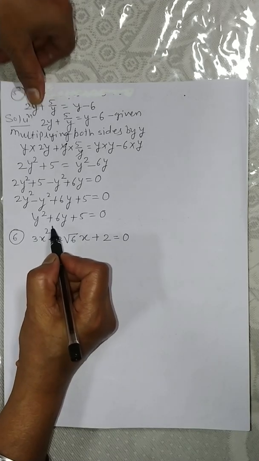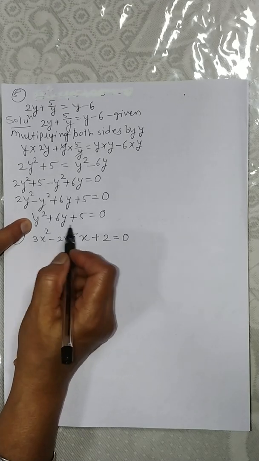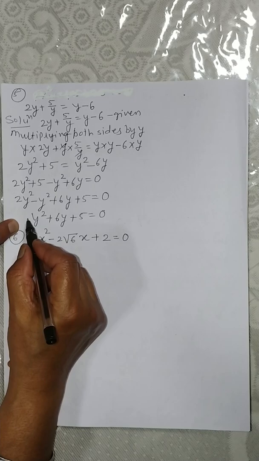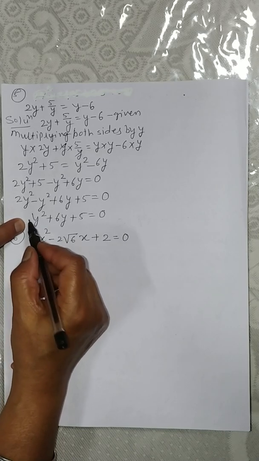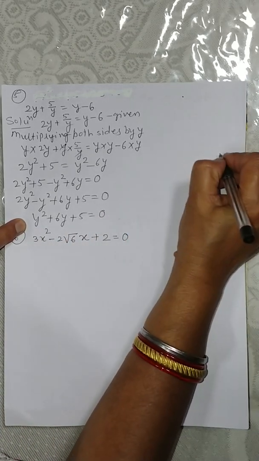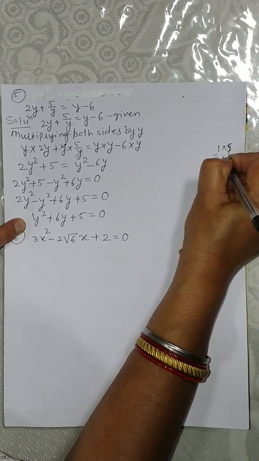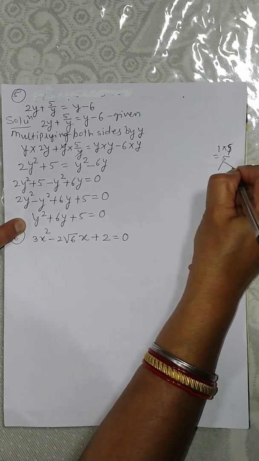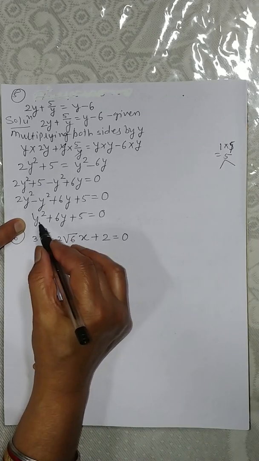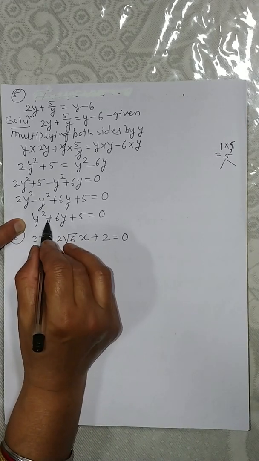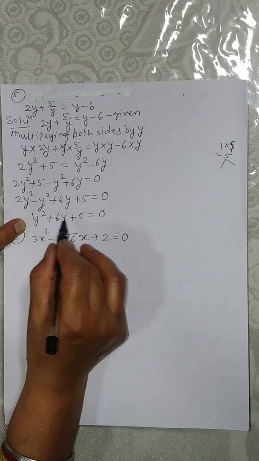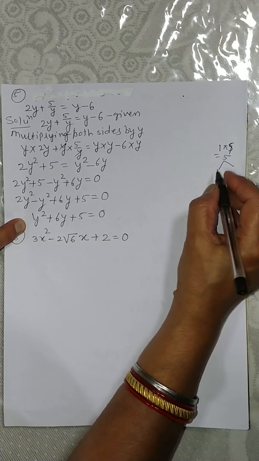Now this is a quadratic equation. We have to find out the factors of this. So here the coefficient of y square is 1. So 1 into 5 is equal to 5, and then we have to find out factors. Now here this is positive, this is also positive. So both the factors are positive here.